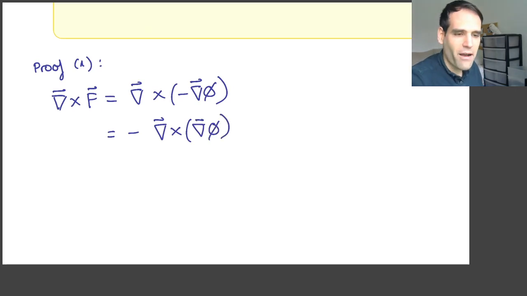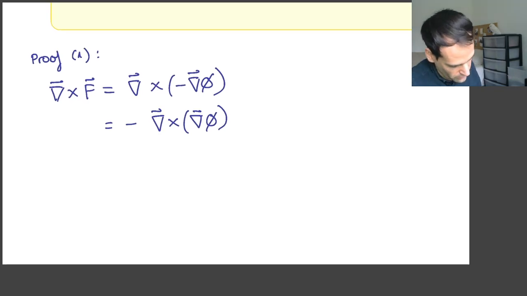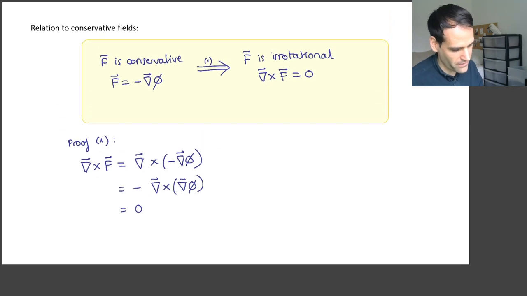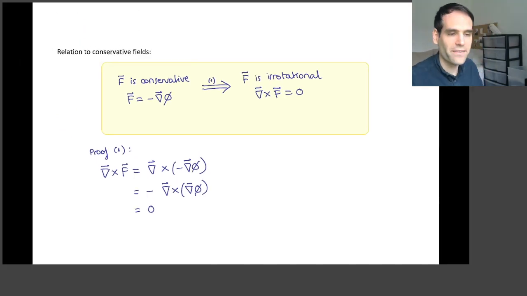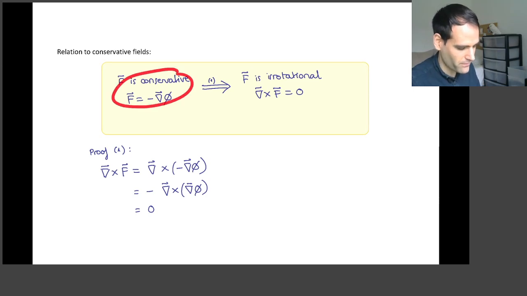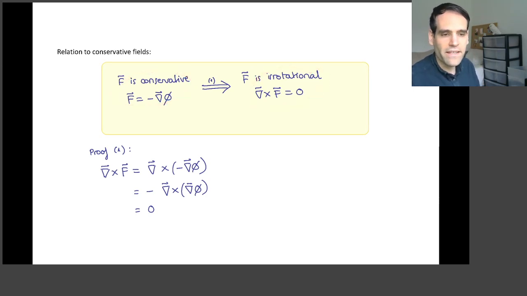And if you remember our list of mathematical identities for divergence, curl, and gradient, what we saw is that the curl of a gradient is always 0. So this is equal to 0. Okay, so we proved that if a field is conservative, it must also be irrotational. So that's why the gravitational field, being conservative, is also irrotational. The electrostatic field is conservative, and therefore it is also irrotational.